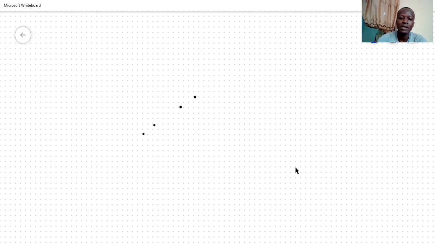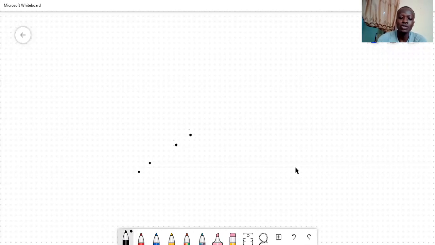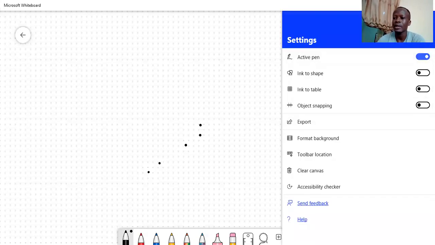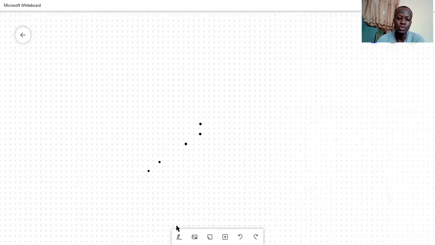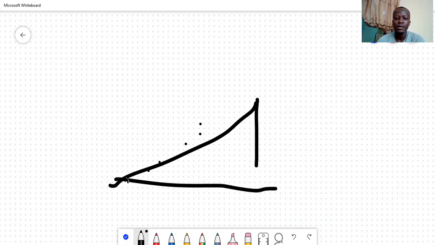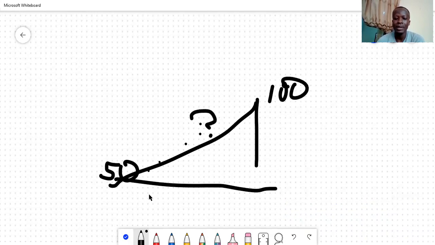So if you have a straight line, then for the points that you don't have values for, you can determine them by simply calculating what the unknown value is. If I know the value here and I know the value here, say this is 50 and this is 100, I can always determine the value in between by just looking at the distance.